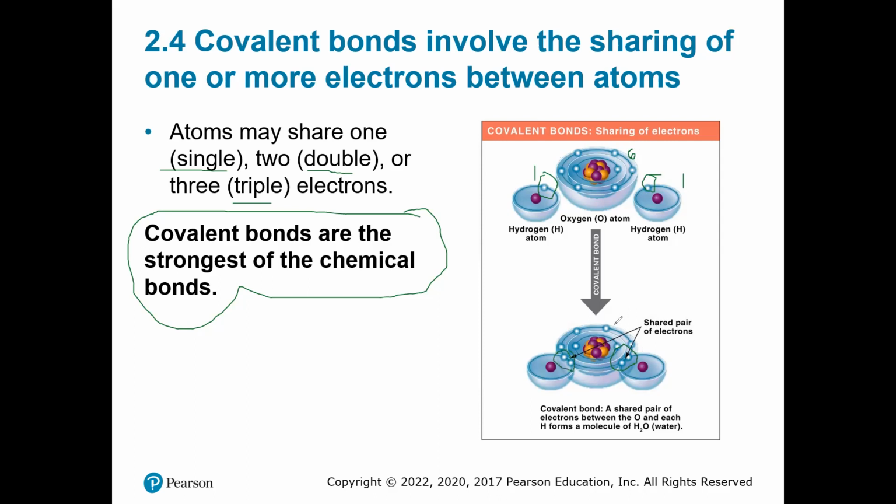Then the oxygen ends up happy with 8, and the hydrogen ends up happy because its orbital is full with 2. This is how we form a water molecule. Most of the time we just draw it like this, H2O.